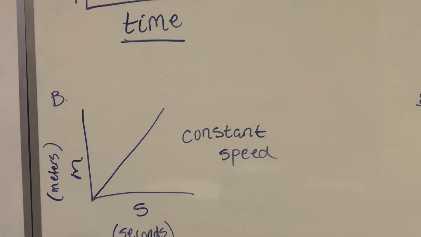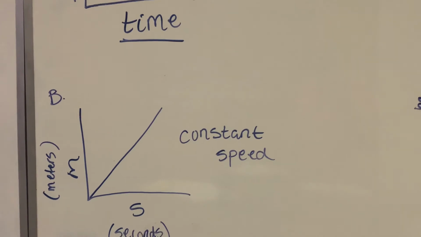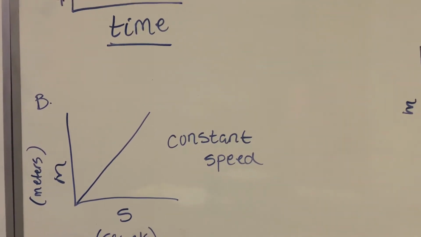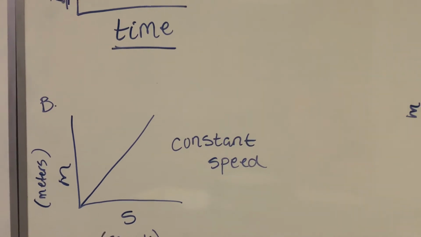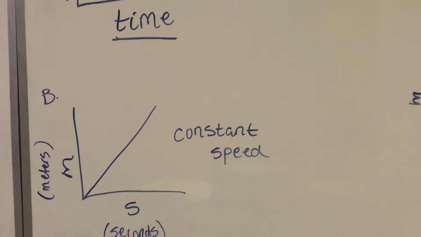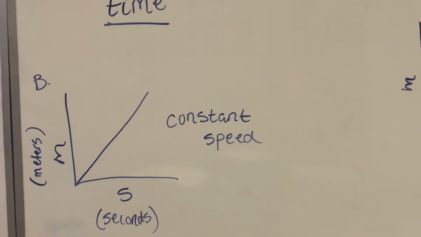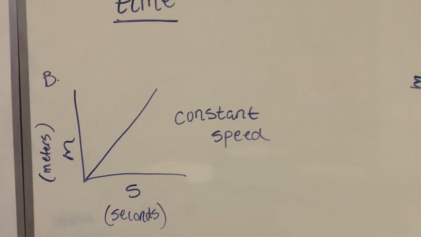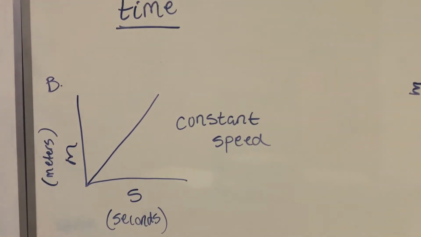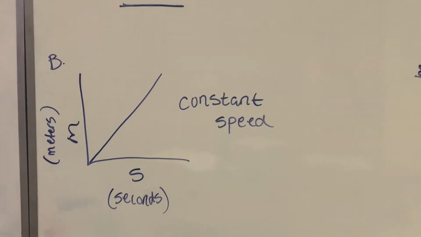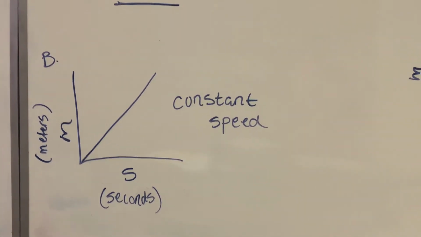There's no change. That line stays the same. So every meter, you're going the same amount of seconds. And for every second, you're going the same amount of meters, if that makes sense. You're not increasing your speed or slowing your speed. It is constant. Now this looks different on an acceleration graph, which I'll show you in a minute.